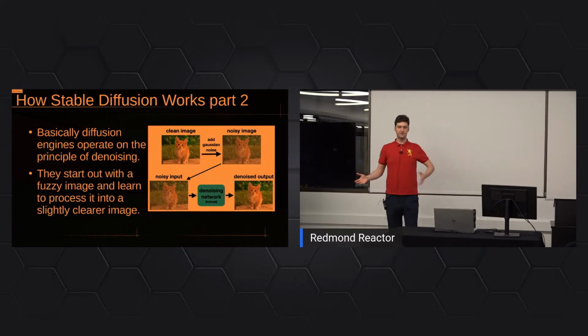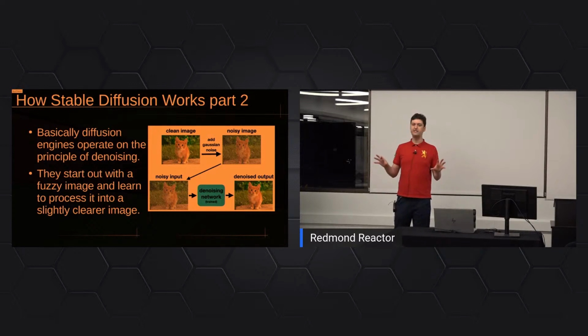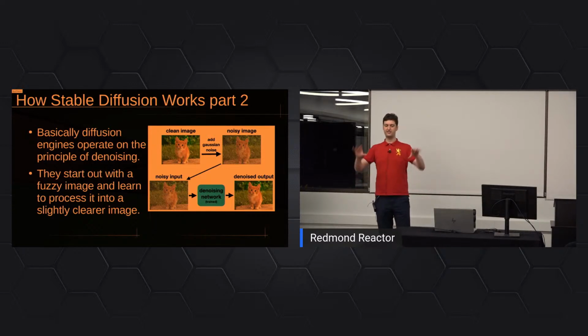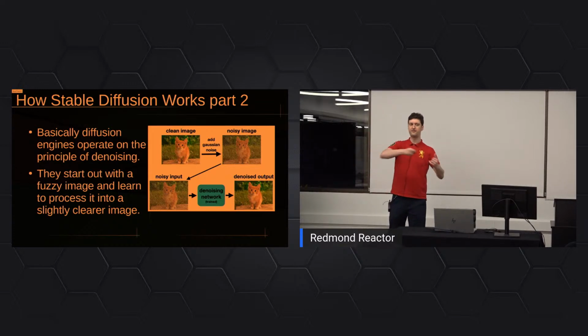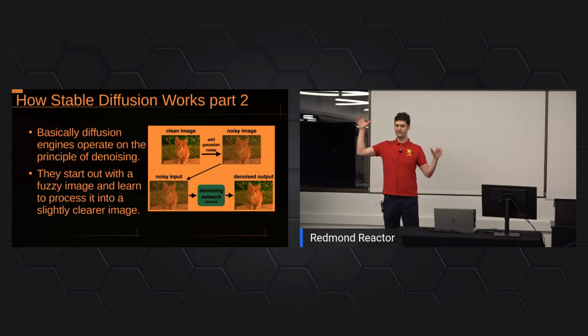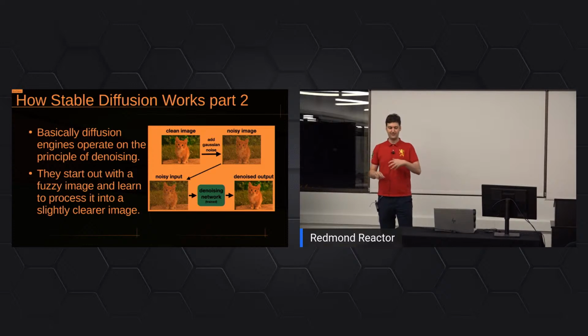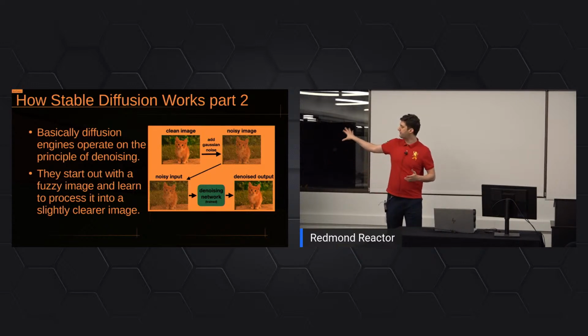All diffusion models, both cascade and latent, operate on the principle of denoising. They take a very noisy image, and they are trained to essentially remove all of that noise and restore the original image. When you add the additional factor of the language conditioner, you can go from a completely noisy image back to the original image.